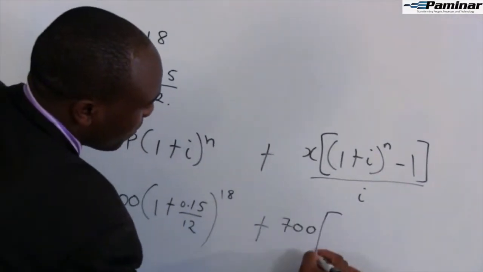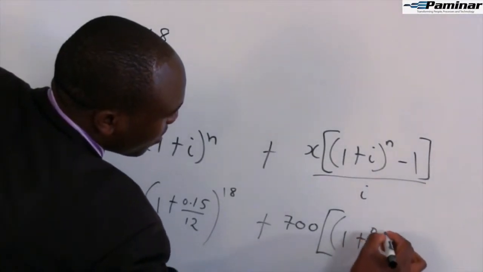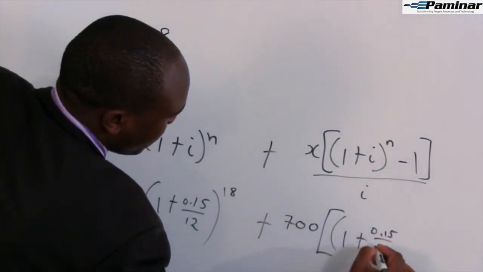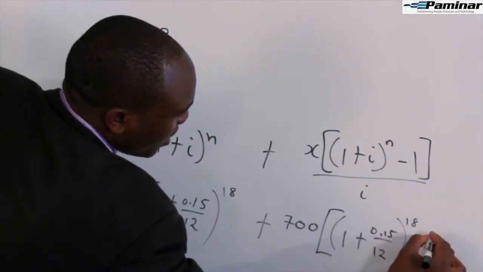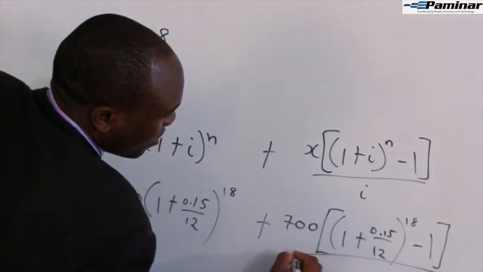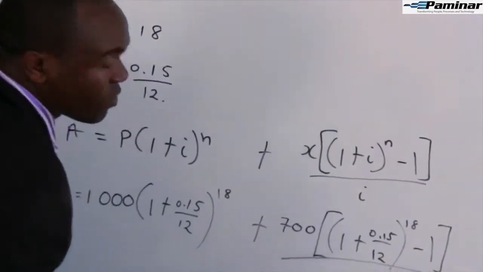And then big bracket, 1 plus, what is our I? 0.15 over 12, to the power 18 minus 1, all over 0.15 over 12.